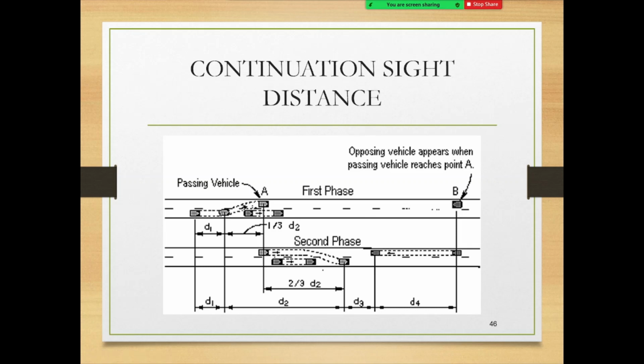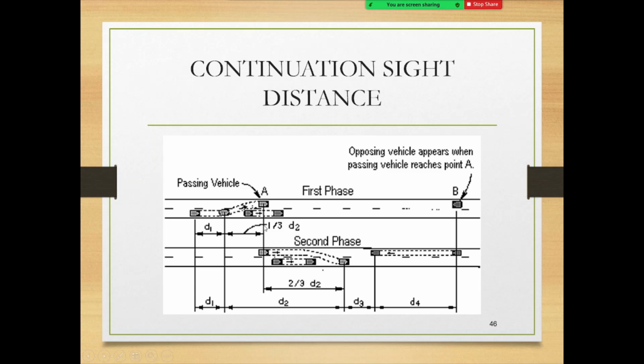So the continuation sight distance means, okay, now the overtaking vehicle, that is me, right? Not the fellow in front of me. The overtaking vehicle is already in the other lane. Just think now here, please understand. Now this is drawn as they are driving on the right side of the road, right?